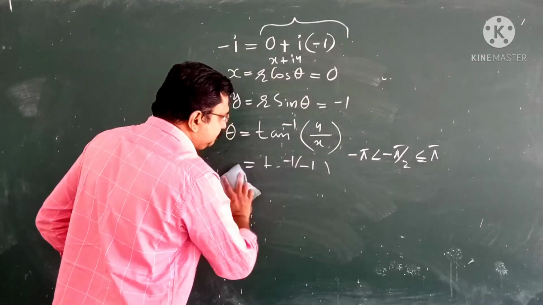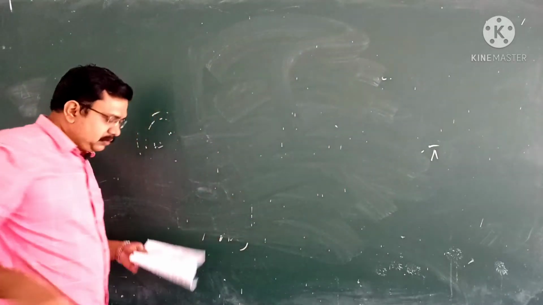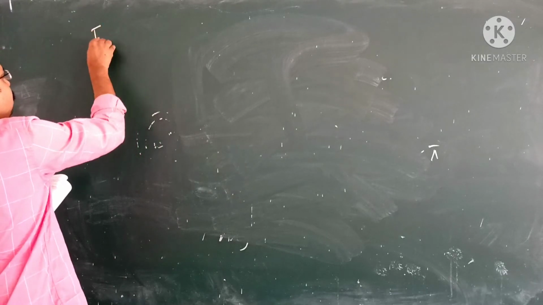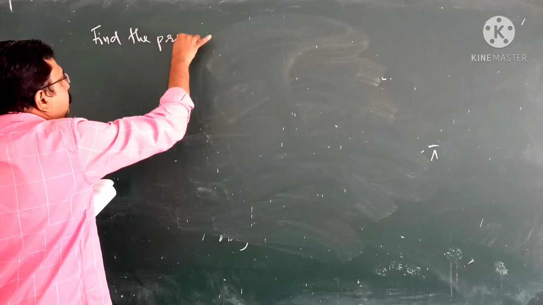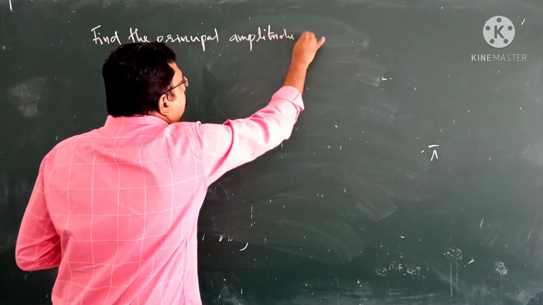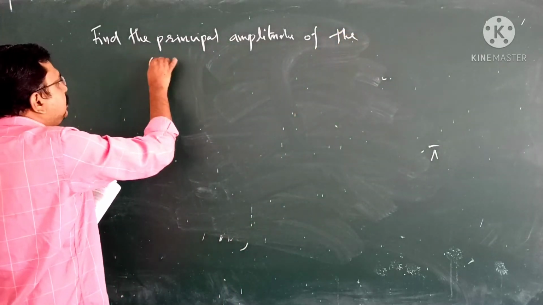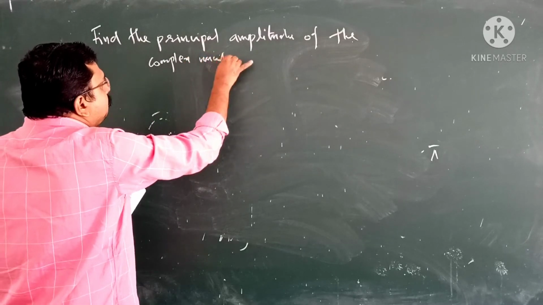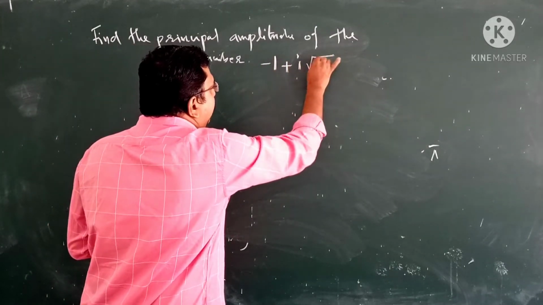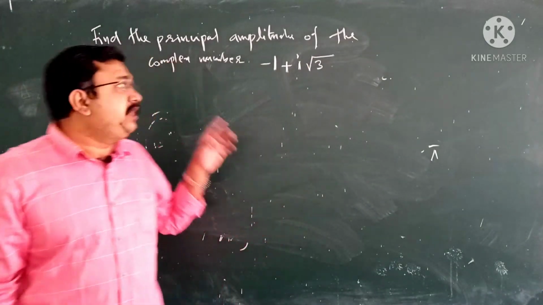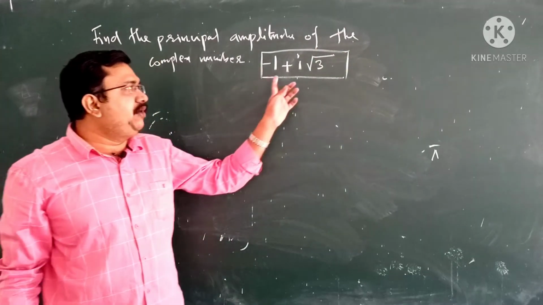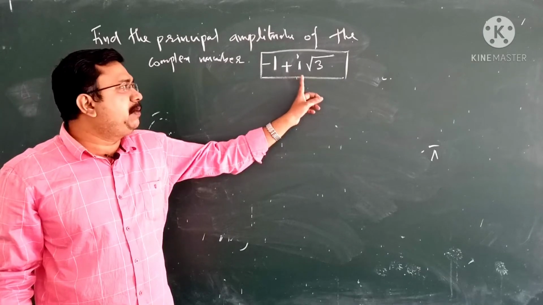My second question is, find the principal amplitude of the complex number minus 1 plus i root 3. We want to find the principal amplitude of the complex number minus 1 plus i root 3.